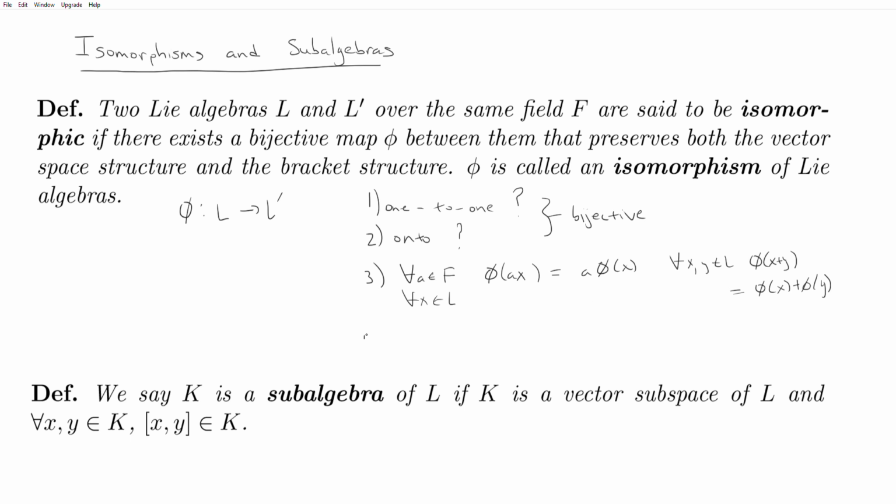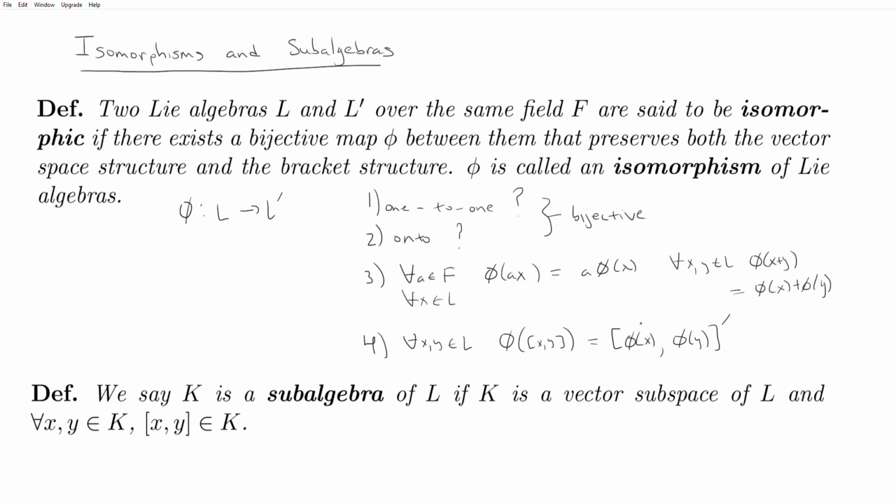And then the last thing is the bracket structure. This is where we have this being an isomorphism of Lie algebras and not just of vector spaces. In order to check that the bracket structure is preserved, we need that for all x and y in L, if you take phi of the bracket of x and y, it should equal the bracket in the other Lie algebra, which I'll denote with a prime. So it should be phi of x bracket phi of y prime.